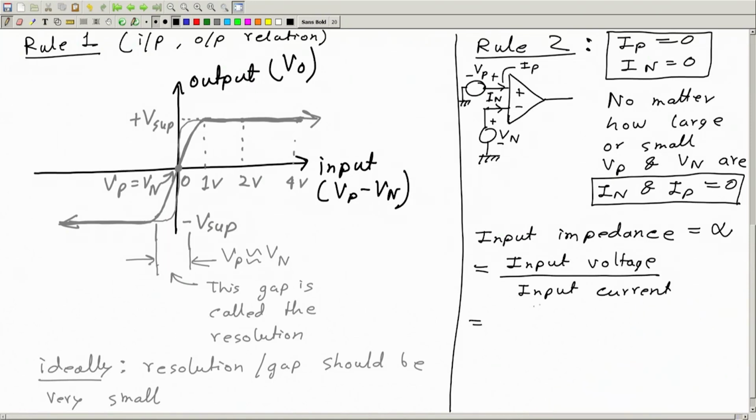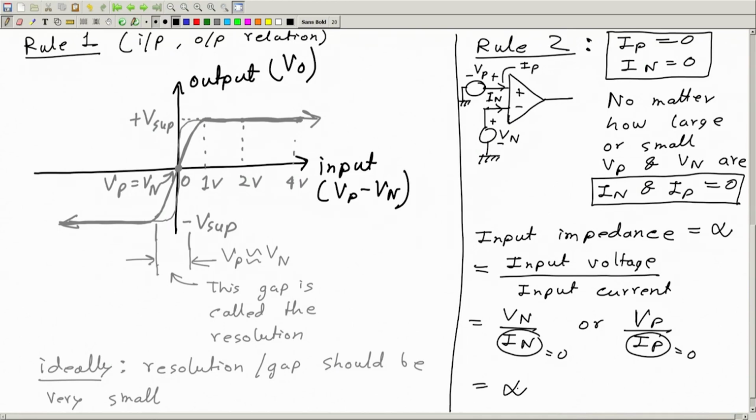If you are considering the negative terminal, then it is Vn divided by In, or if you are considering the positive terminal, then it is Vp by Ip. In either case, the denominator is equal to 0 or very small, and the numerator is a finite number, therefore this is equal to infinite. So this is the second rule about an op amp.